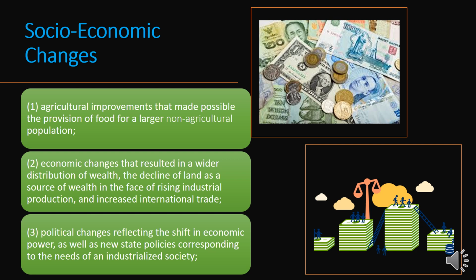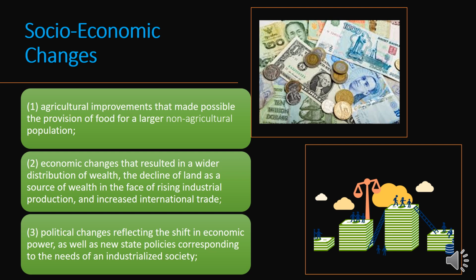Secondly, the socio-economic changes. The shift from agricultural to non-agricultural backbone of the economy. It's not just the agricultural produce that is the source of the economy, but manufacturing became prevalent.